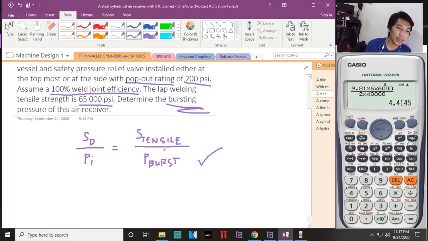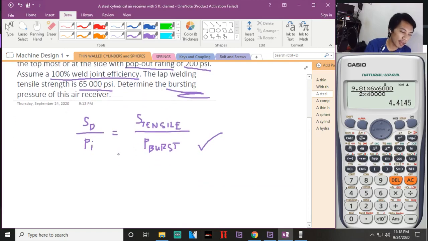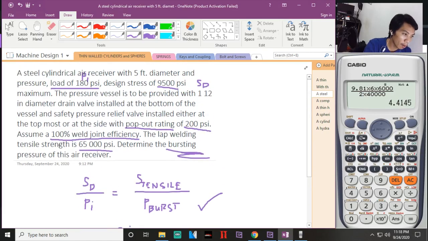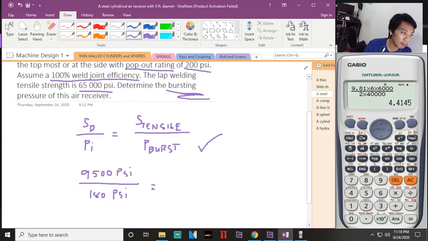Now, binigyan ka ng SD. Ano ba yung SD? Si SD is 9,500 PSI. And then you are given internal pressure na 180 PSI. And you are given yung tensile. Ano ba yung tensile na binigay sa'yo dyan? Pagkakatanda ko, 65,000 PSI.